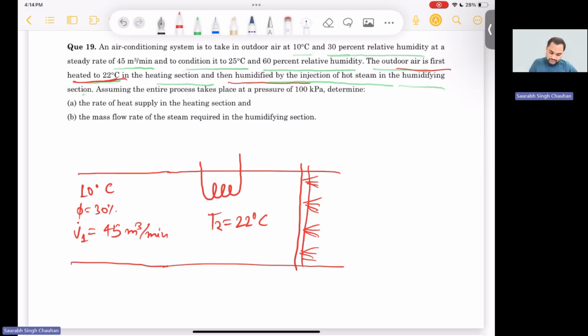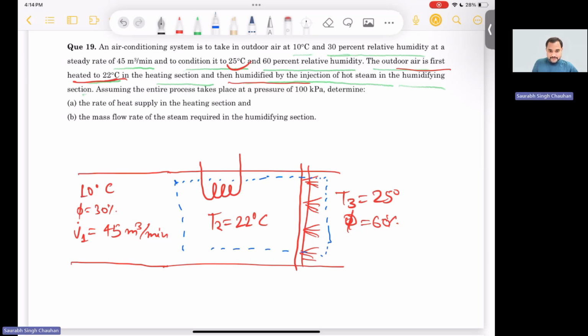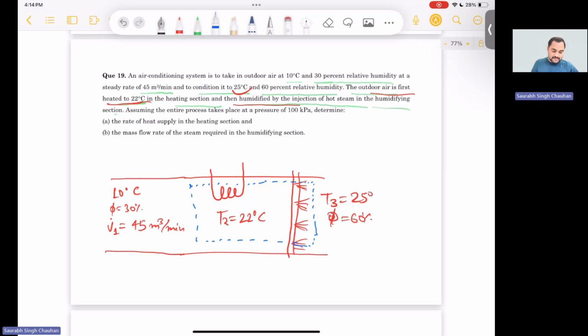The outlet conditions should be 25 degrees Celsius and 60%. This is the required or desired condition. You have conditions at inlet and at outlet, so you can assume this as a system and use the conservation equations: mass conservation and energy conservation, and you will get the values.